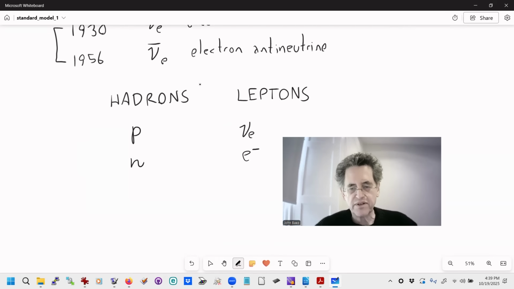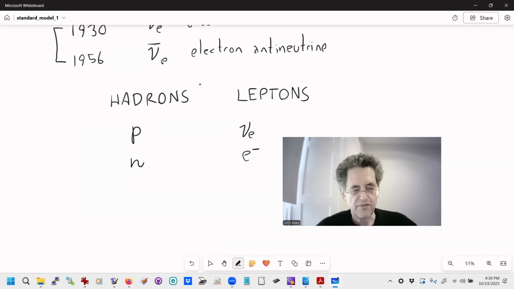So you'll notice something interesting here, that they come in pairs, right? There are two hadrons and two leptons. It turns out that in the standard model, we see similar things going on. So this was not a coincidence, as it turns out, ultimately. However, we now know that this process of a neutron turning into a proton is actually something else.